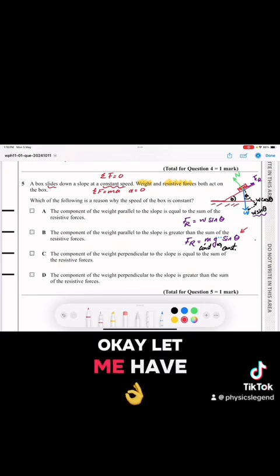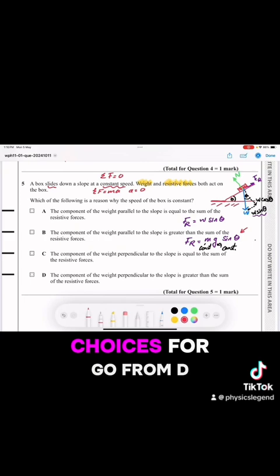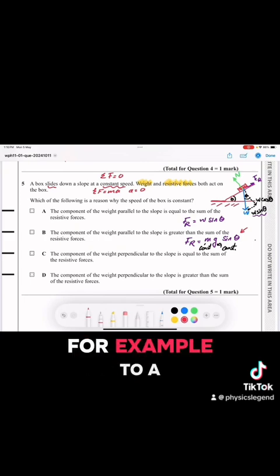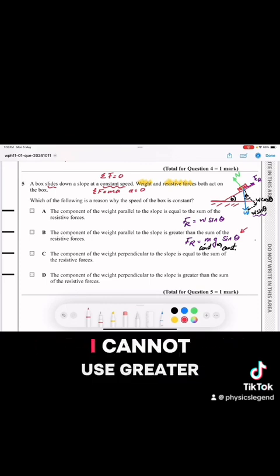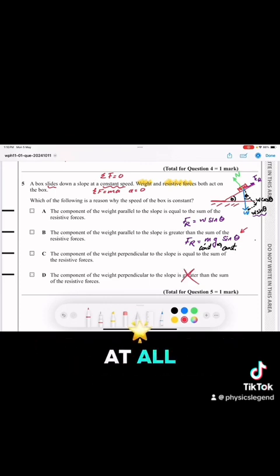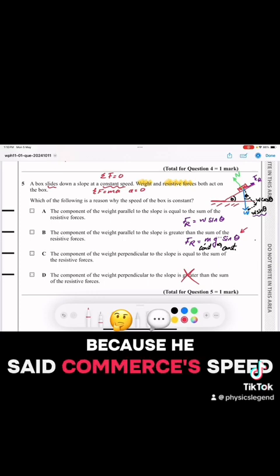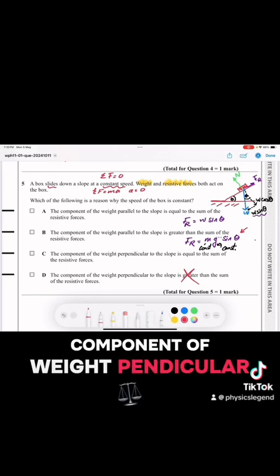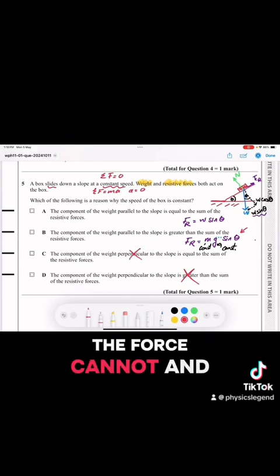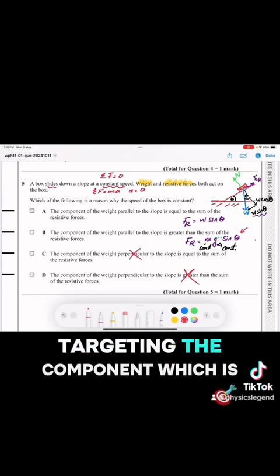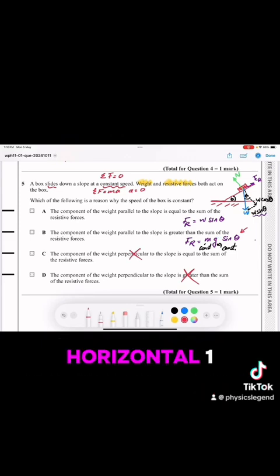Let me have a look at the choices, going from D to A. The component of weight perpendicular to the slope is greater than: I cannot use greater at all, because he said constant speed. The component of weight perpendicular to the slope is equal to the sum of resistive forces: cannot, I'm targeting the parallel component.